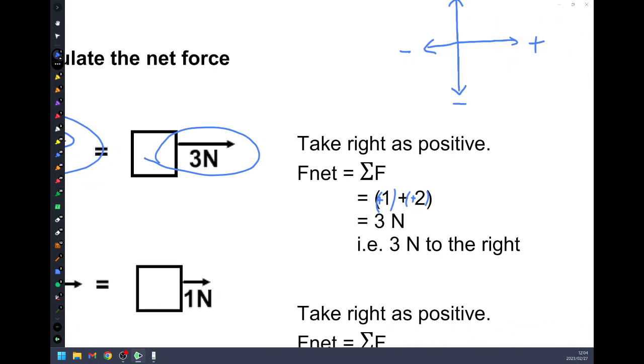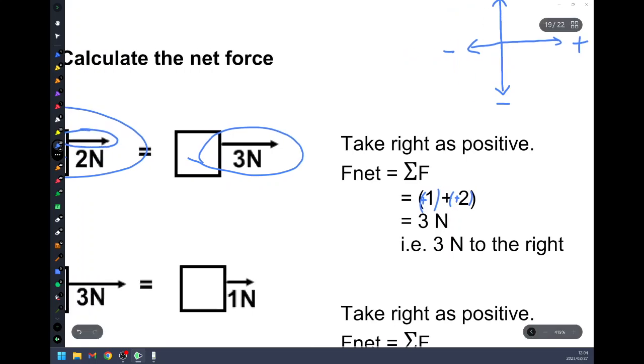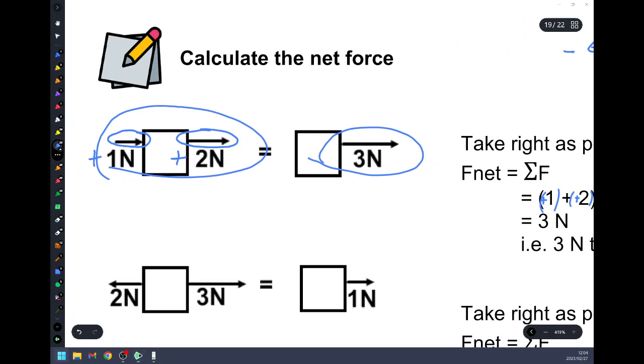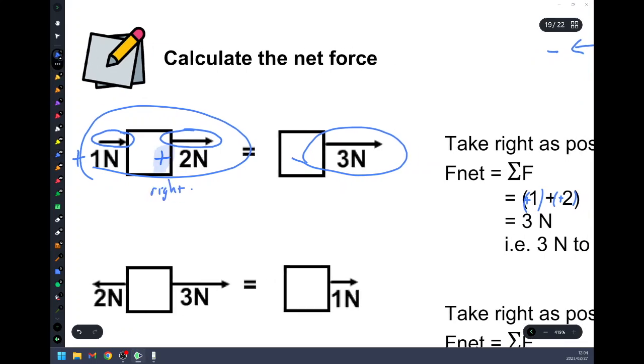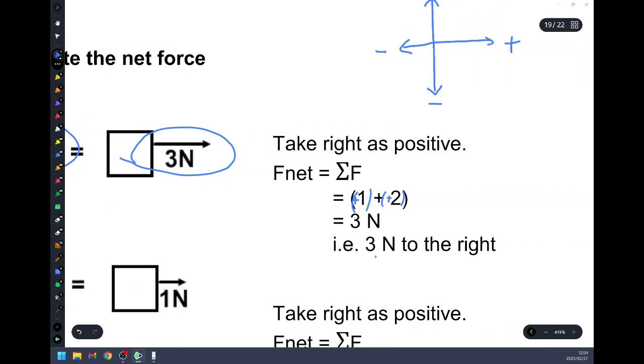Now, because forces are vectors, we need to say what direction it's acting. So we've defined positive as acting to the right. Therefore, this 3 Newton force is acting 3 newtons to the right.